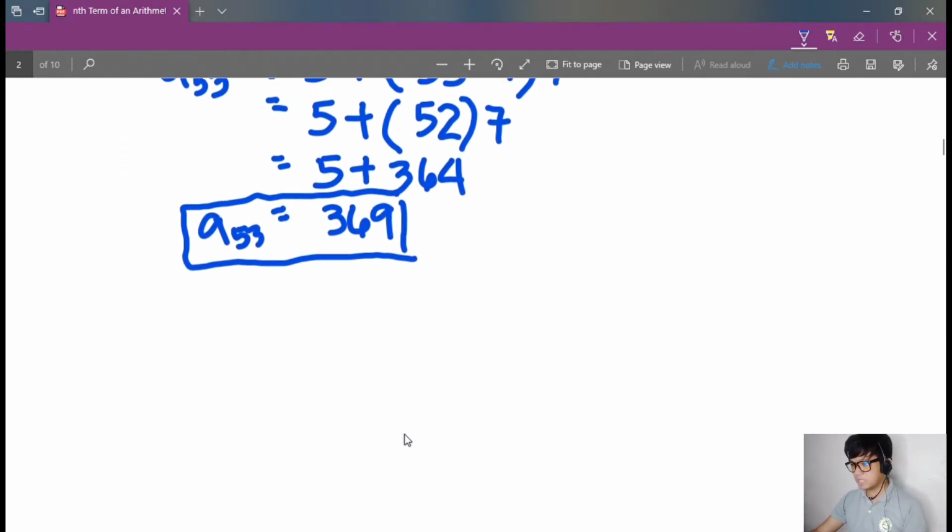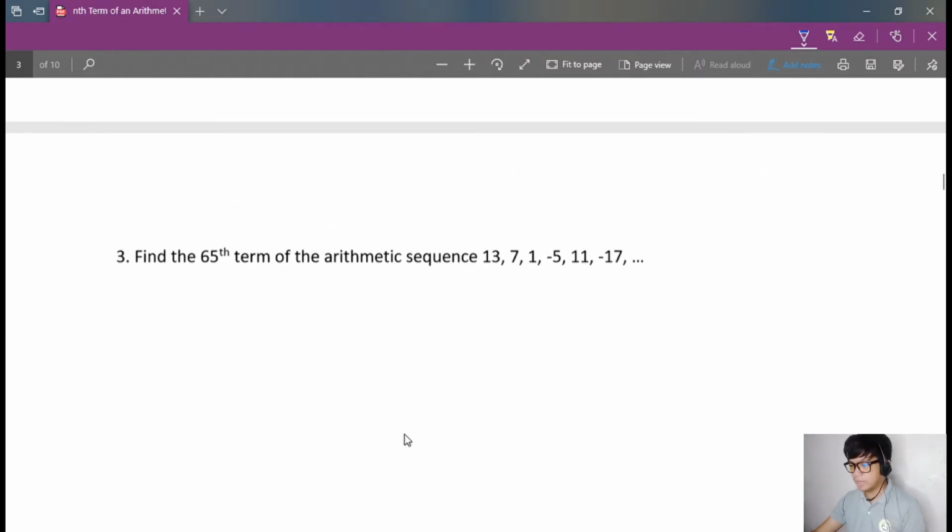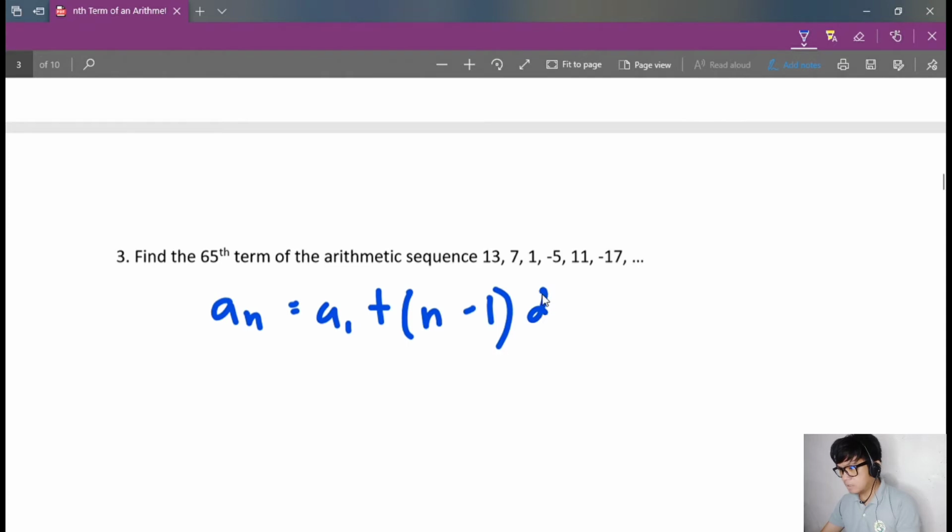Okay, let's proceed to number 3. Number 3, find the 65th term of the arithmetic sequence 13, 7, 1, negative 5, negative 11, negative 17. So, ito yung formula natin. A sub n is equal to A sub 1 plus n minus 1 times the common difference.